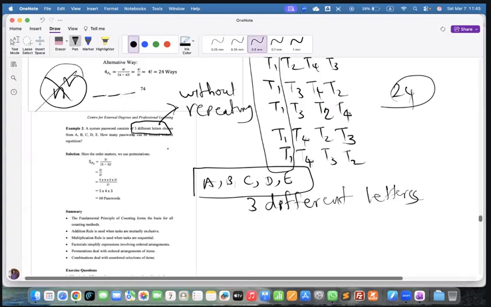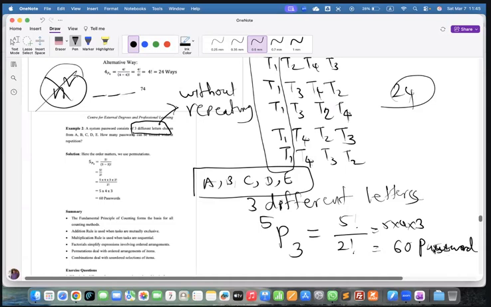So what is the equation? From 5 letters, making a 3-letter password, that is 5P3. 5 factorial over (5 minus 3) factorial, which is 2 factorial. So 5 into 4 into 3, 60 passwords. We can make 60 passwords from these 5 letters.